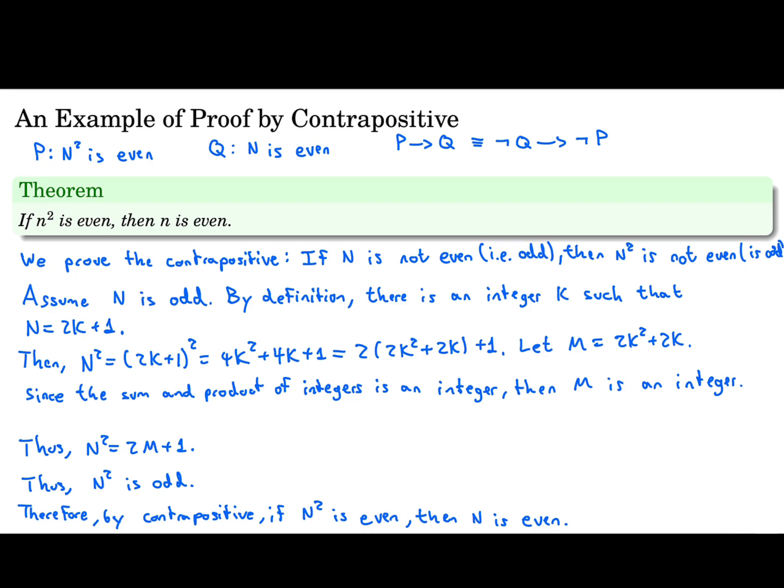And so therefore, we've shown that if n is odd, n squared is odd, which is the contrapositive of this statement. So thus, by the contrapositive, this is also the case. And so we just proved that if n squared is even, then n is even.